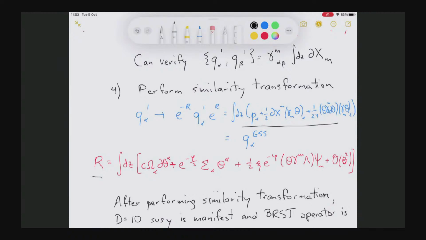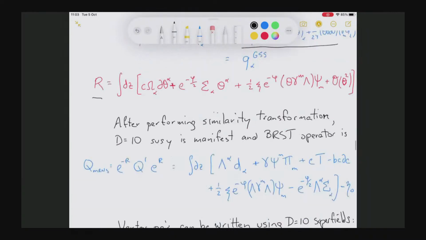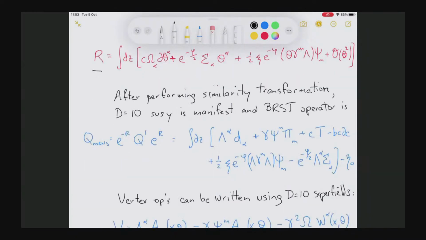But of course, the BRST operator is also changed. So after performing the similarity transformation, the BRST operator, which started out as being the RNS BRST operator plus this topological term, now has, of course, also a manifestly space-time supersymmetric form because it's now also going to commute with Q prime, with small q prime.